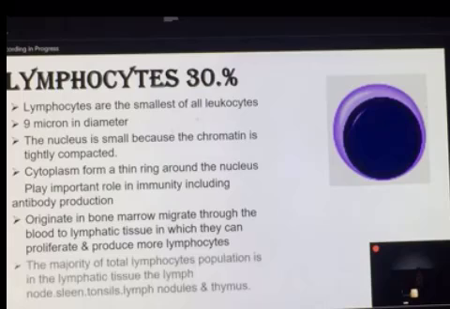The proliferation occurs in the lymphatic system. The majority of the total lymphocyte population is in the lymphatic tissue. The thymus, lymph nodes, spleen, and tonsils are all lymphatic organs in which lymphocytes are present and multiplying.